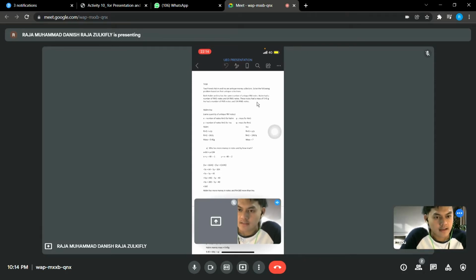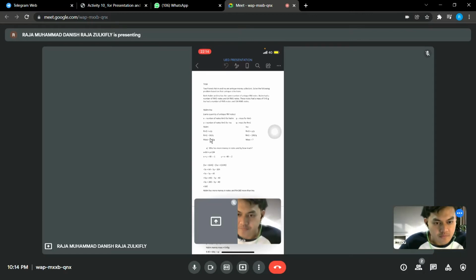These notes had a mass of 9.45 gram. Ina had a number of RM5 notes and 104 RM1 notes. So, the question above states that Halim and Ina have the same quantity of antique RM notes, right?